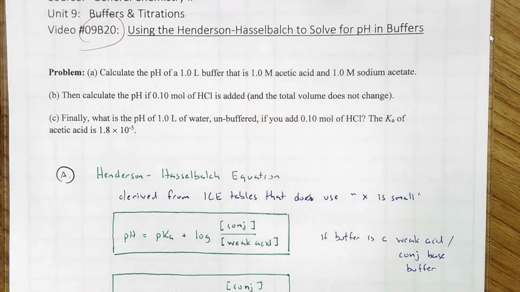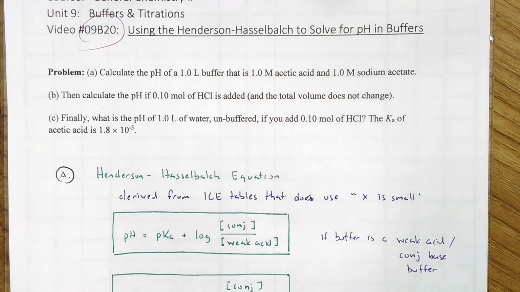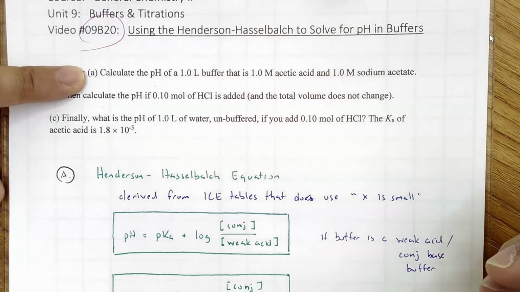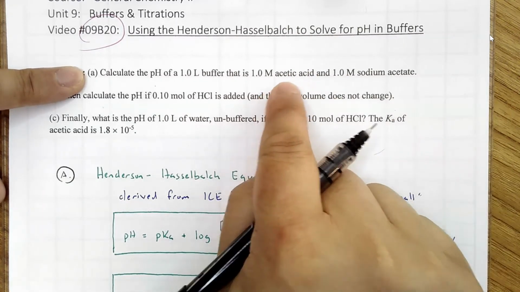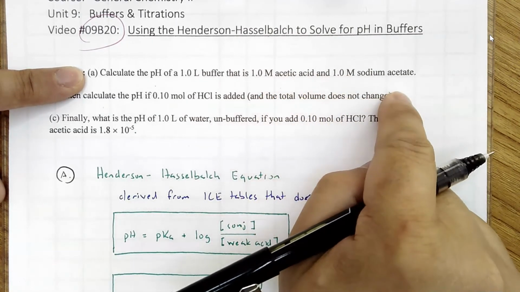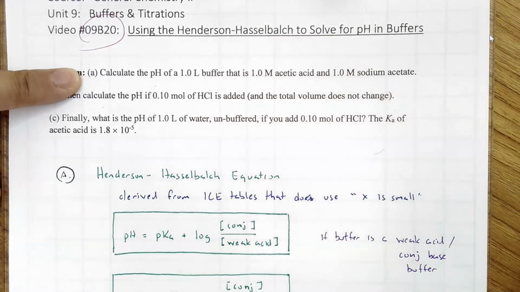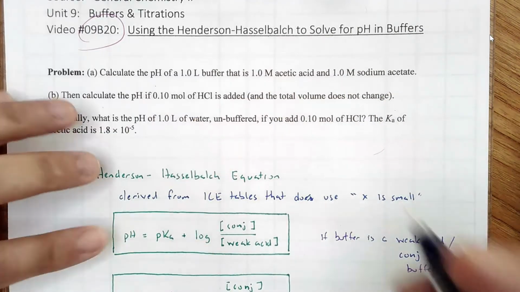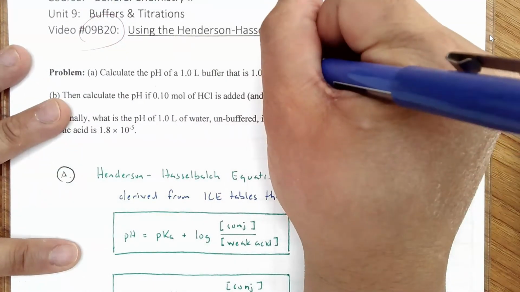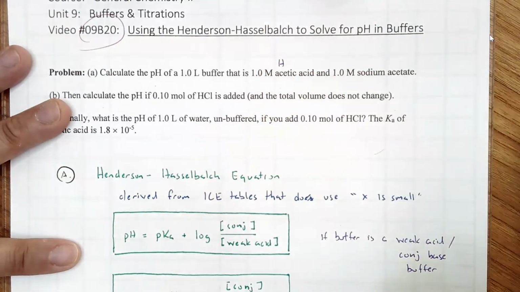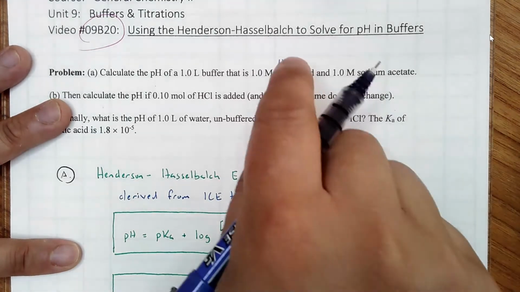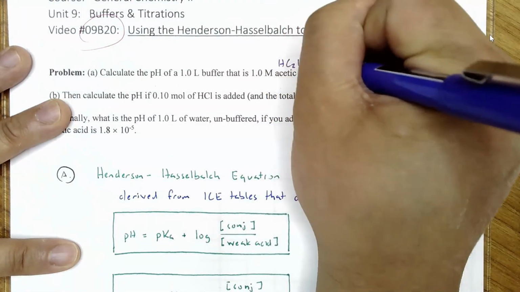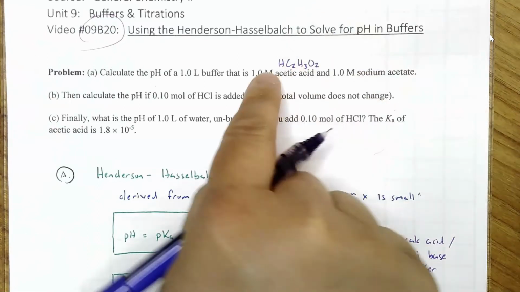The problem is part A. Calculate the pH of a 1 liter buffer that is 1 molar acetic acid and 1 molar sodium acetate. This is your weak acid. There are several ways to show the formula for acetic acid. Maybe this is the way you know, with the H in the front.